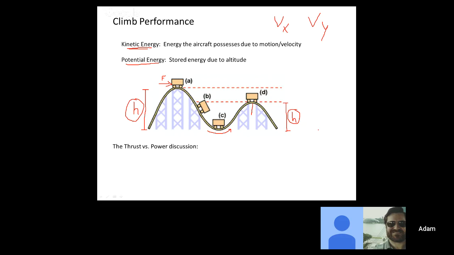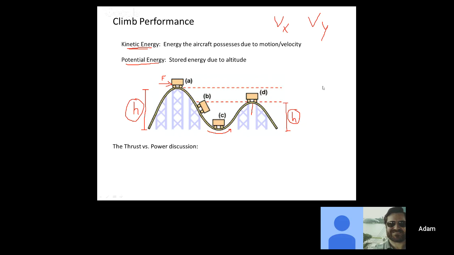Awesome. Okay, so based on that, the climb and really even the descent portion of your flying is going to be a trade-off between kinetic energy, potential energy, and the other kind of energy which the roller coaster didn't necessarily have, but the aircraft's engine, which is obviously providing thrust.